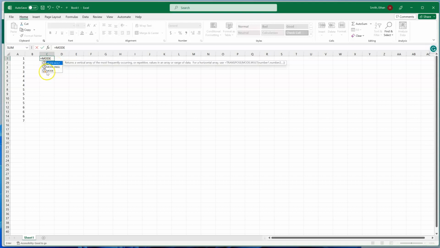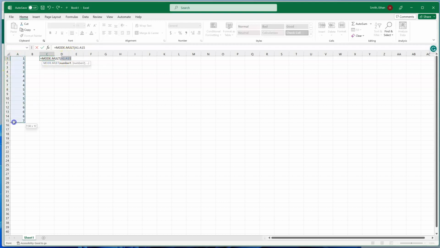This third one has an exclamation mark on mine, which means it's just there for compatibility purposes. So we really don't want to use that one. But we've got MODE.MULT and MODE.SNGL. MODE.MULT, or multi-mode, means that it's going to return more than one mode if it exists.